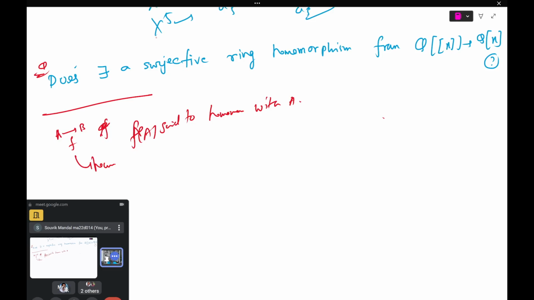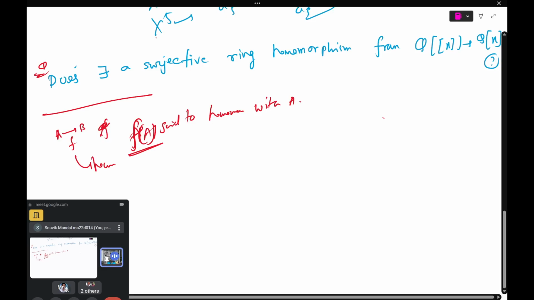Understand? It's a simple way. If it is surjective, then the whole of capital B is homomorphic to capital A. That's all.